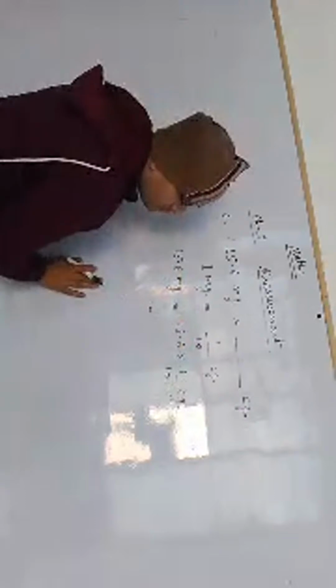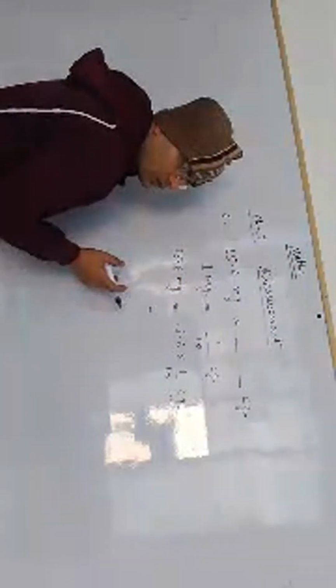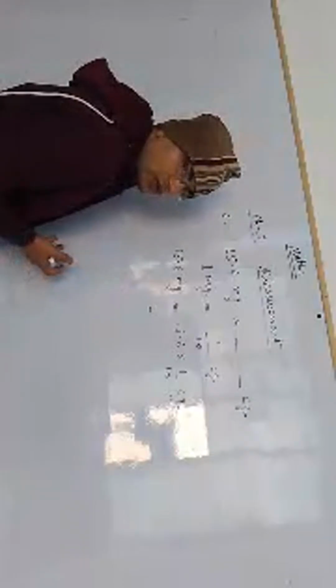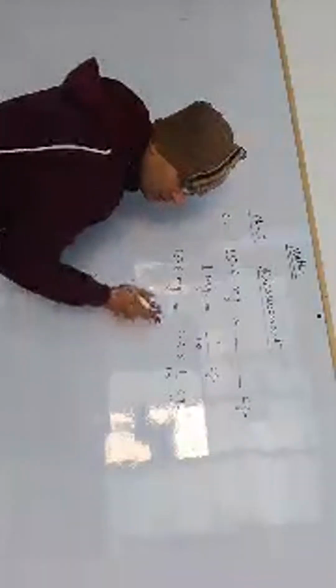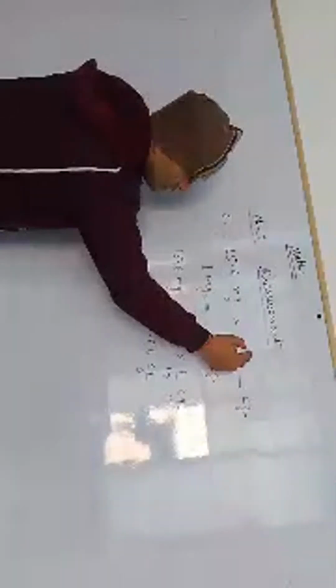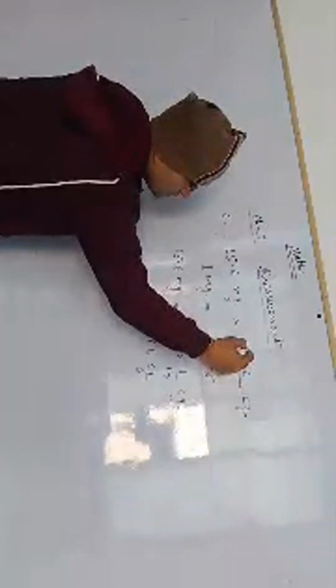And when we divide by 10, we know that decimal will move towards the left side. Okay, the answer will be 1.56 centigram. Okay. Here we will fill 1.56 centigram.